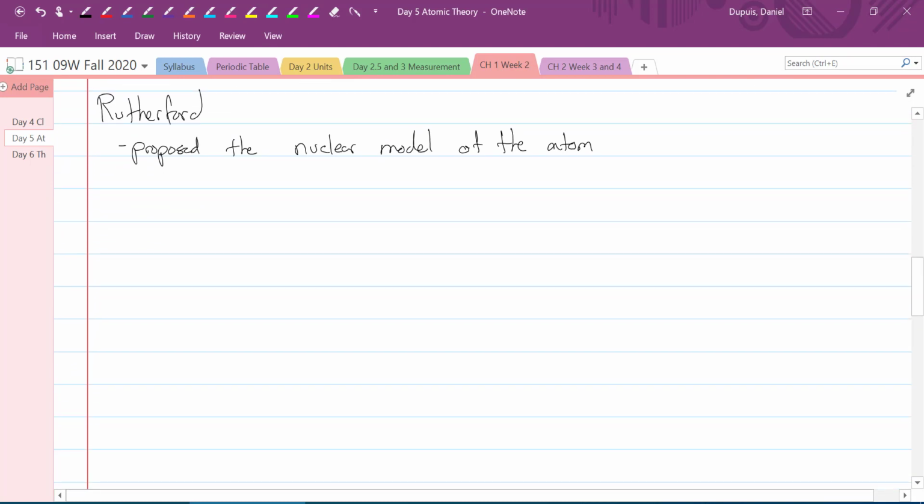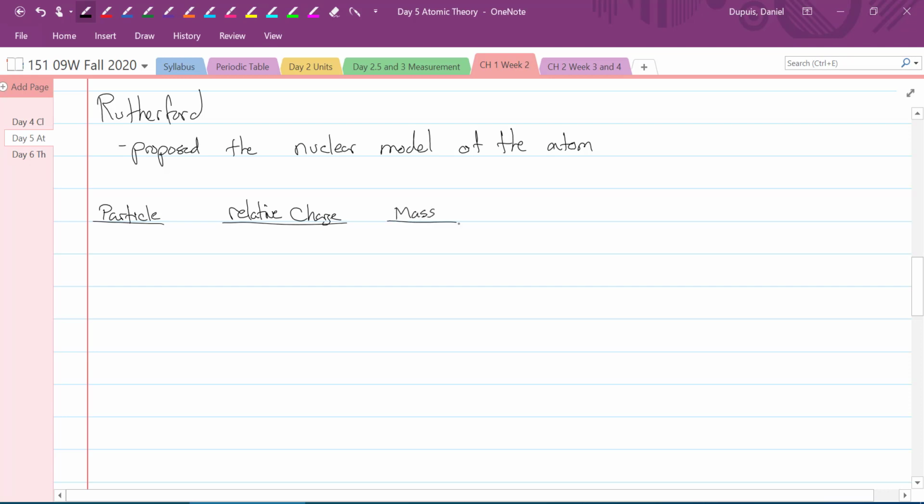All right, so there's 3 particles and Chadwick came up with one, but we've got 3 particles. So we'll talk about the particle, the relative charge, and the mass.